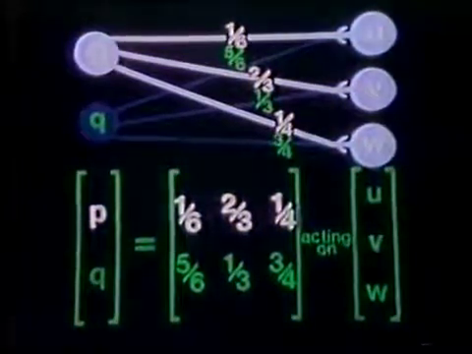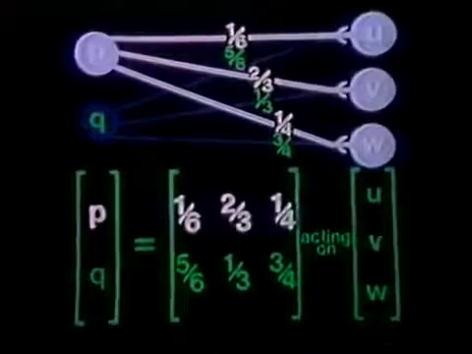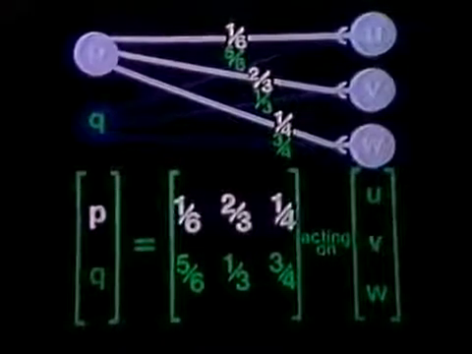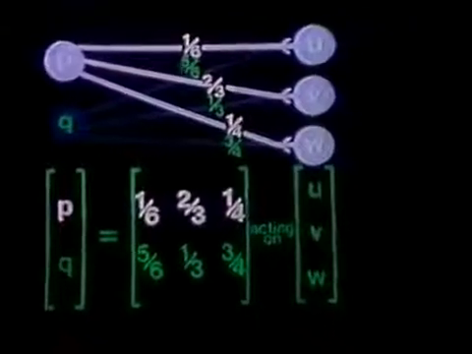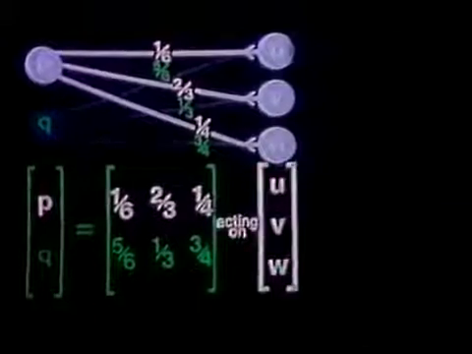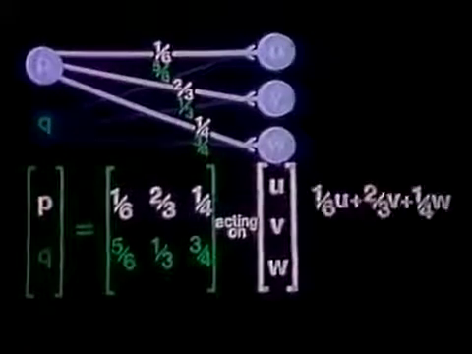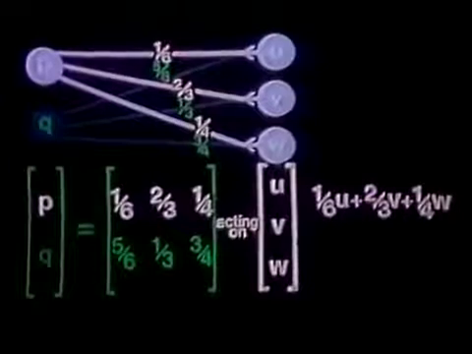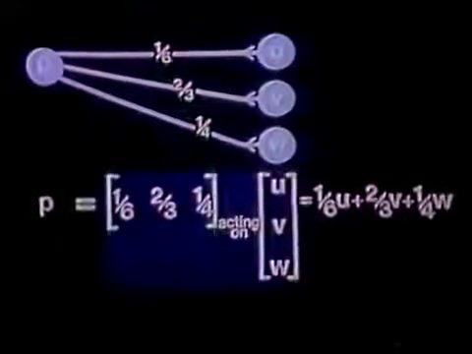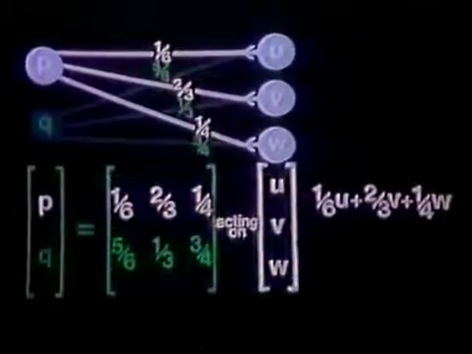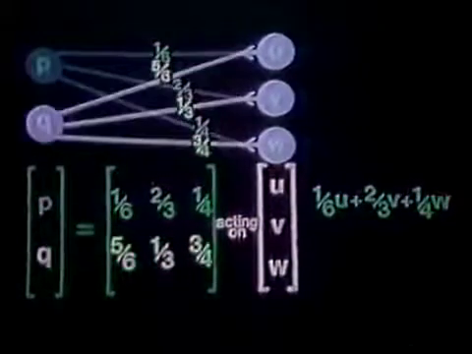The first row gives the proportions which flow towards the first output, P. So we think of the first row as acting on the column UVW to give the value of P. And similarly for the second row.